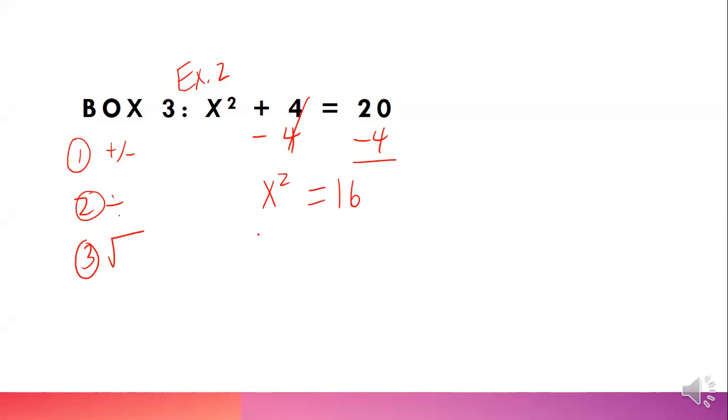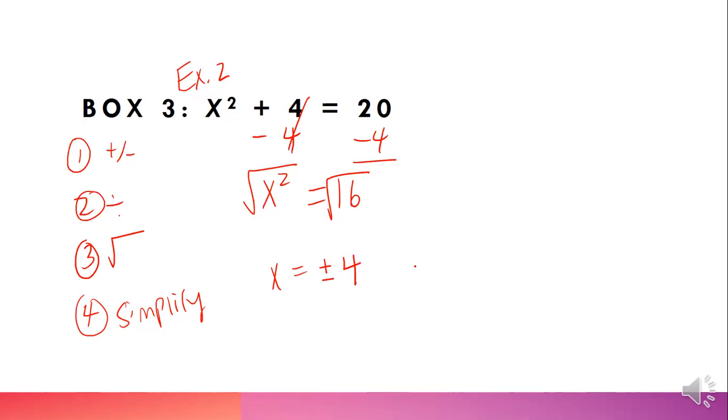Square root both sides. And then we're going to simplify and clean this up. So simplifying this, we get what? x equals plus or minus 4, okay? Which means that we have x equals positive 4 and x equals negative 4. Okay, lazy answer.